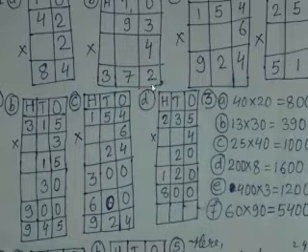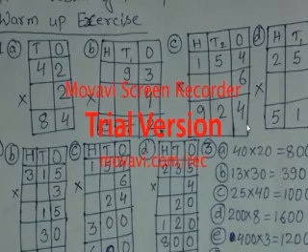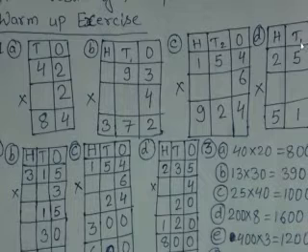So 4 3 is 12, carry 1, I had written 1 over here. 9 4 is 36 and 1 is 37. Here 6 4 is 24, carry 2, 6 5 is 30 and 2 is 32. Again carry 3. So 6 1 is 6 and 3 is 9. So it becomes 924.